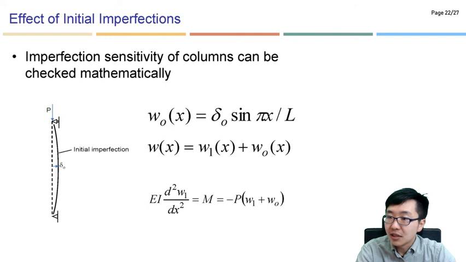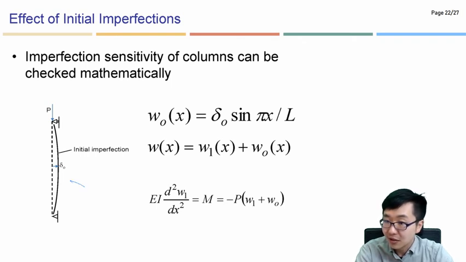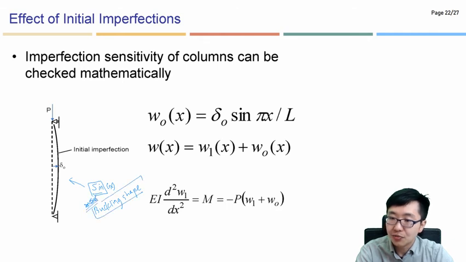As you can see here, this is our assumed column, with initial imperfection, initial deflection. We will now think that initially our column is deflected. Still we are using the sine function as the buckling shape, assumed to have initial deflection, and that's why they put the note here, W naught.